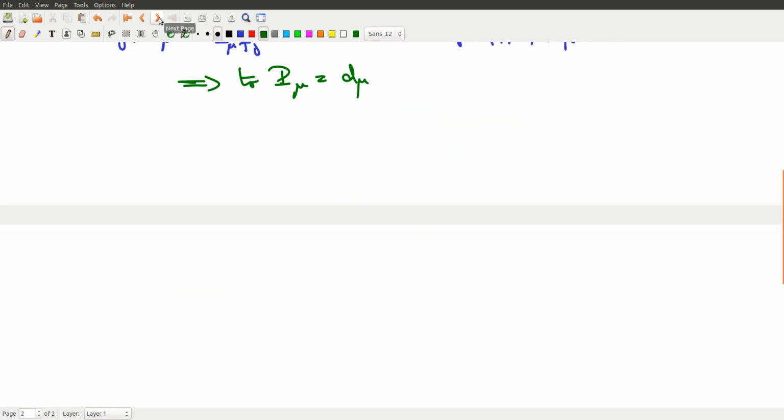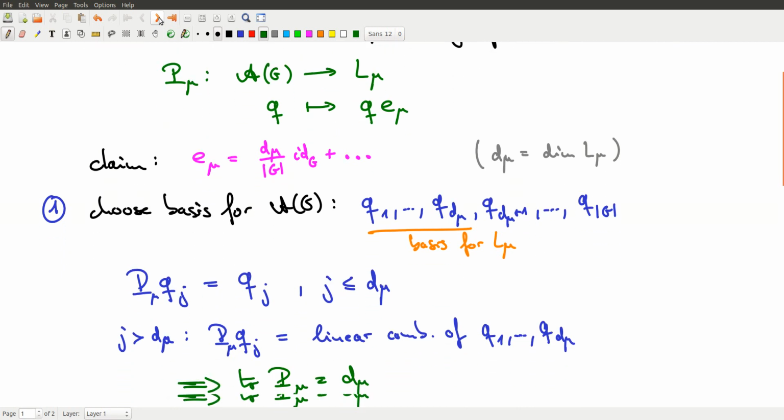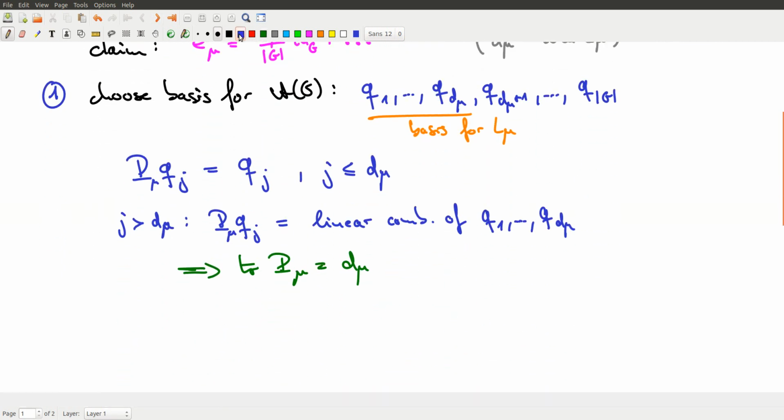Good, and now we want to do this again in a different basis. So let's choose the group elements as a basis for the group algebra.